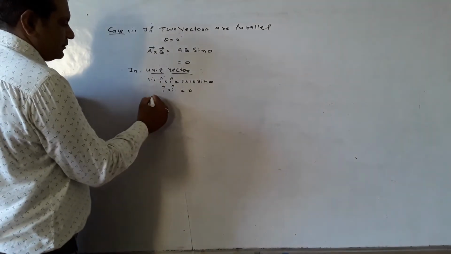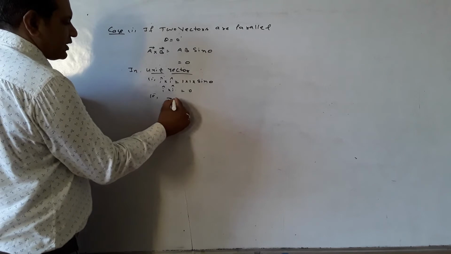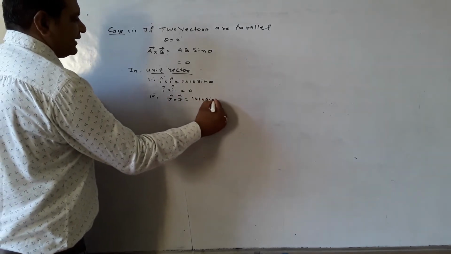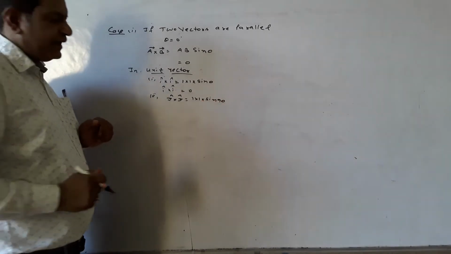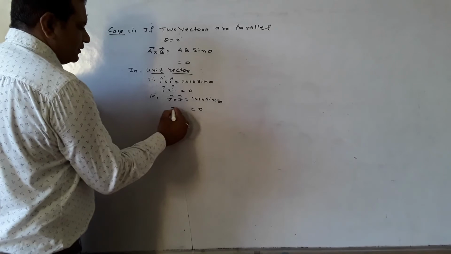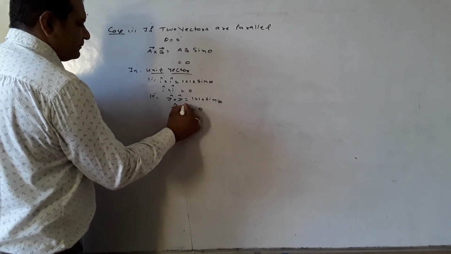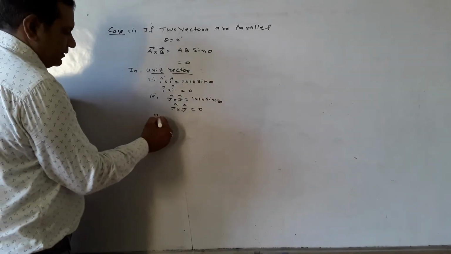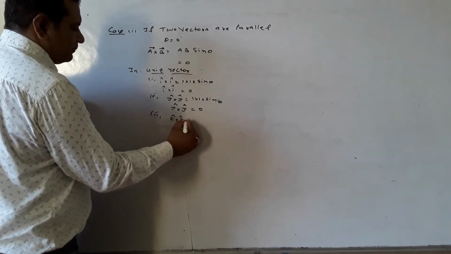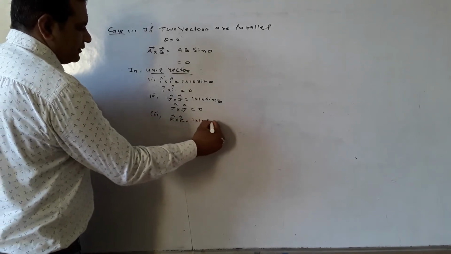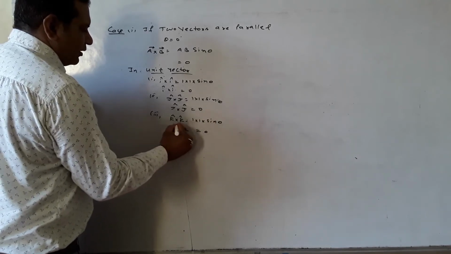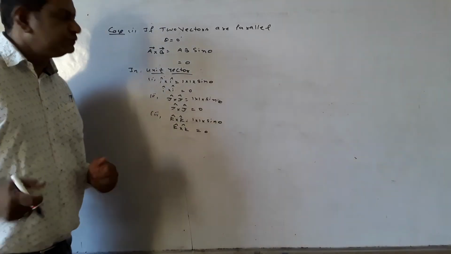Now J cross J, 1 into 1 sin 0, is equal to 0. Third, K cross K, 1 into 1 sin 0, this is 0.